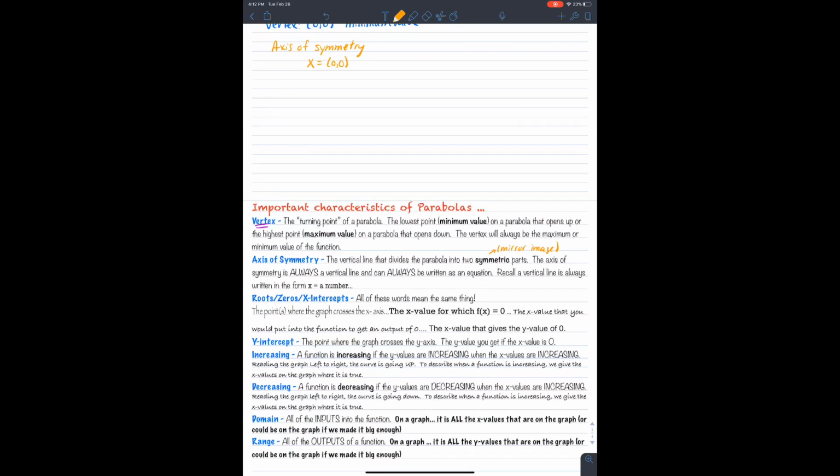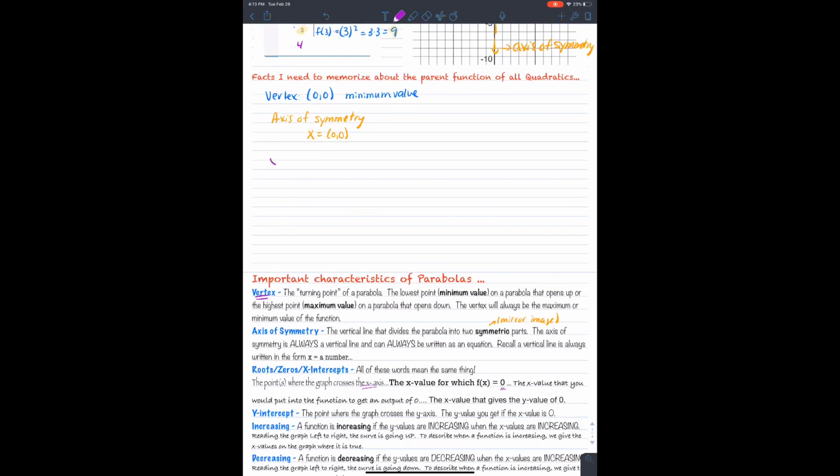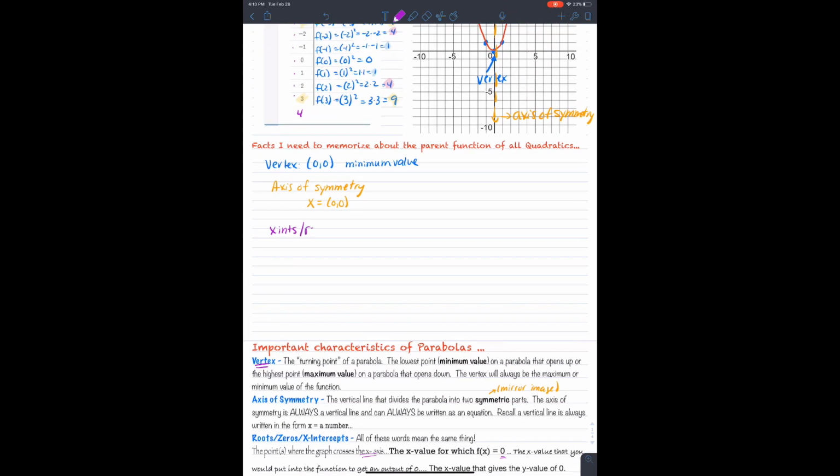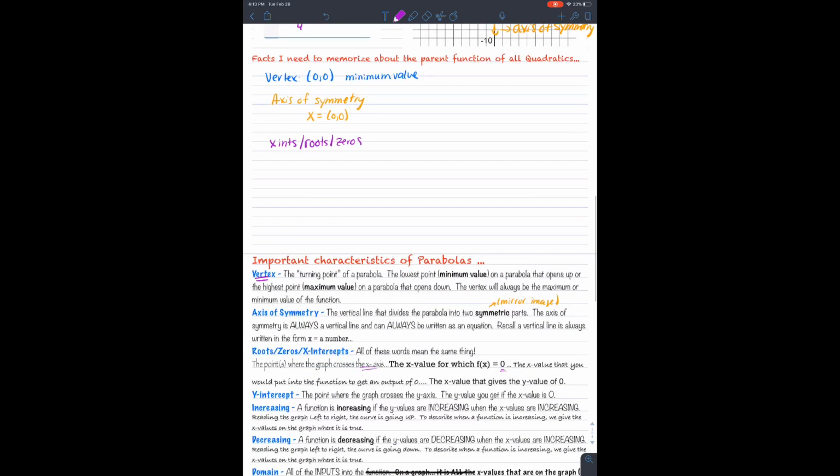Now roots, zeros, and x-intercepts are all the same thing. The roots are the x-intercepts, the zeros are the x-intercepts, and there are a lot of different definitions, but what we can see here is that it's the x values for which we get the output of 0, or the point where the graph crosses the x-axis. So the x-intercepts of this graph, or in other words the roots, or the zeros: what x value would we plug in to get an output of 0?